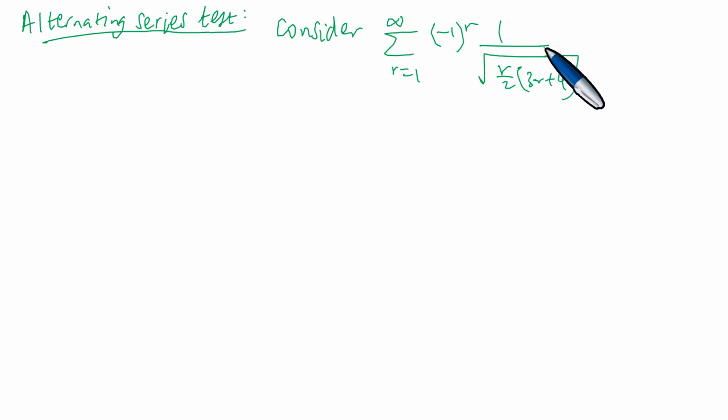You consider this one, and then we're going to use the alternating series test. What does the alternating series test say? In other words, we consider the summation from r equals 1 to infinity of Ar, which is this one here.